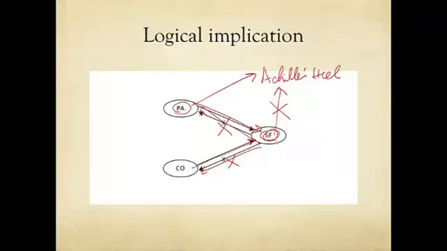Both can generate our empirical observation. The existence of this observation does not logically imply either of them is correct, and therefore does not imply Achilles heel.